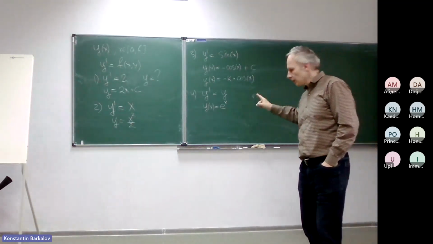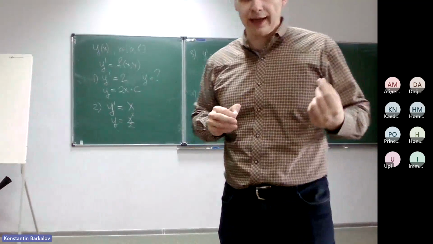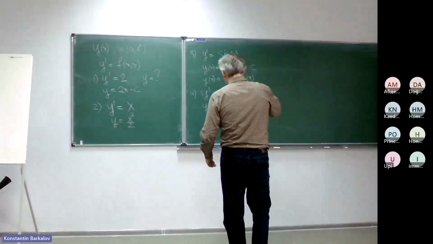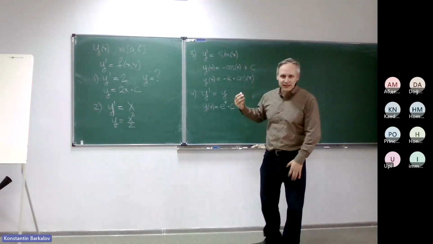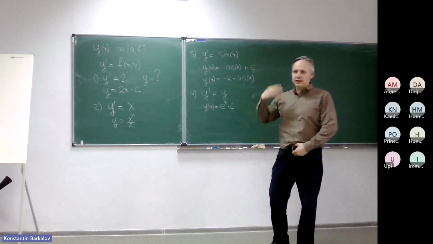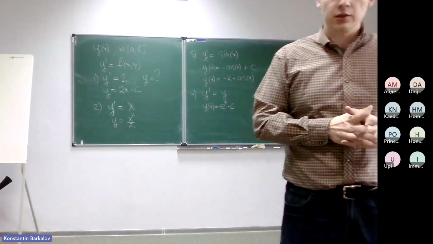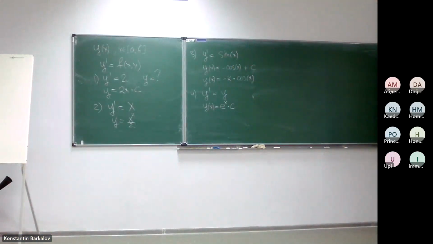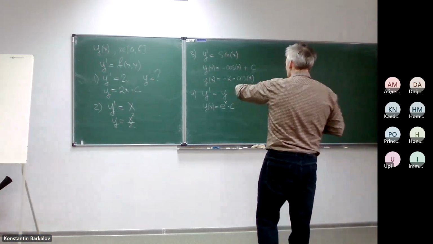But again, this answer is just a particular case, because in general, I can write that y of x equals e power x times c, multiplied by some constant. And I can use any constant: 5, 6, 10. This function will also satisfy this equation.